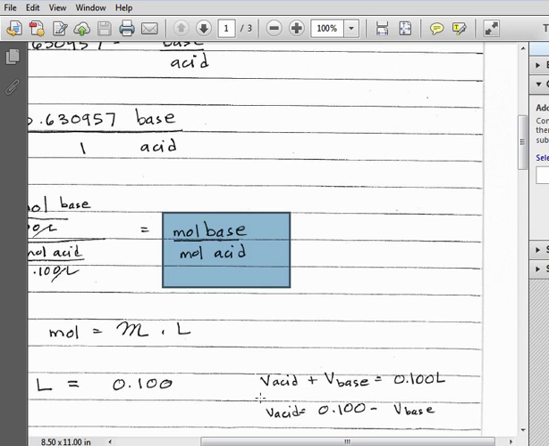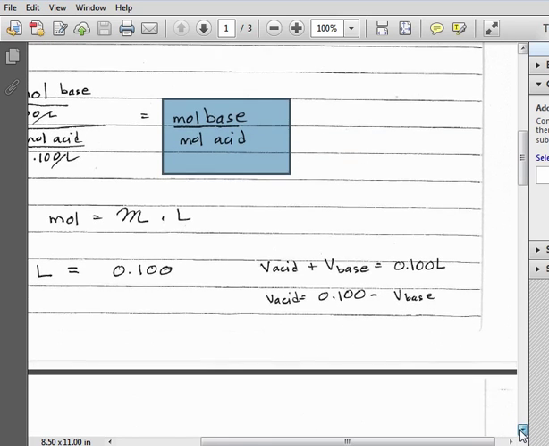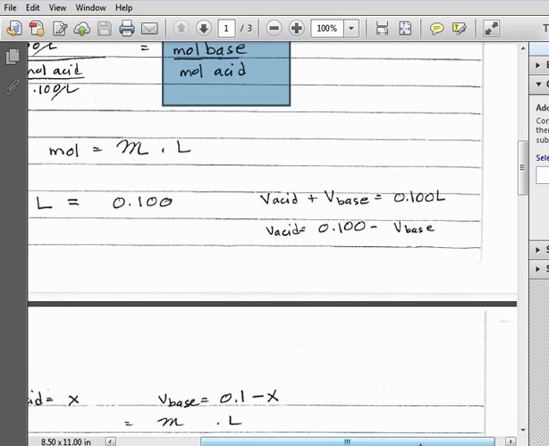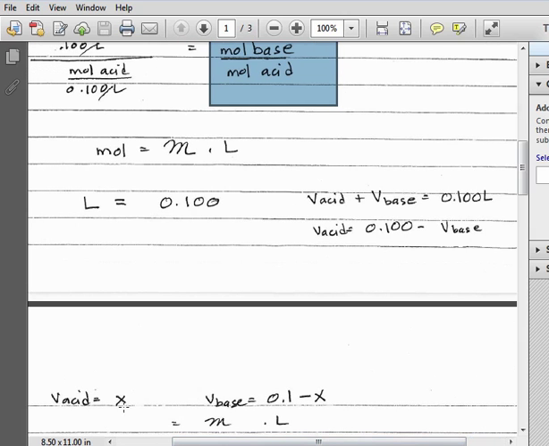So I can express one as the difference of another. For example, the volume of my acid would be 0.1 minus the volume of my base. Now what I'm going to choose to do is call the volume of my acid X, and the volume of my base 0.1 minus X. So here we are, knowing that these two volumes have to add up to be 0.1.